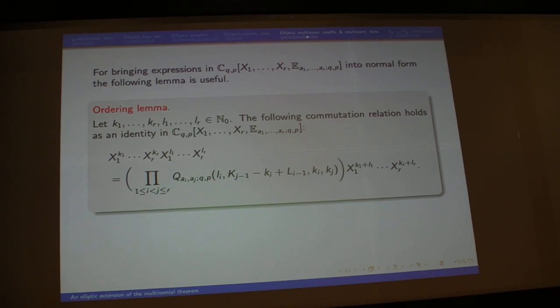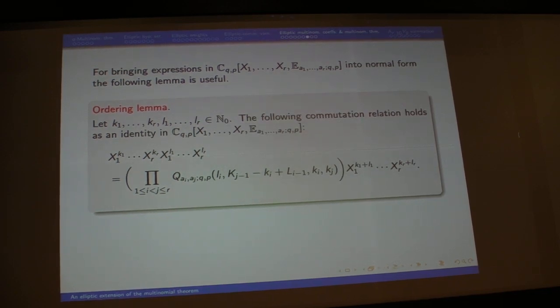Here's a rule for normalizing a monomial, let's say a generalized monomial x to the k times x to the l. We want to put now the xr's to the most right, and then the xr's minus.